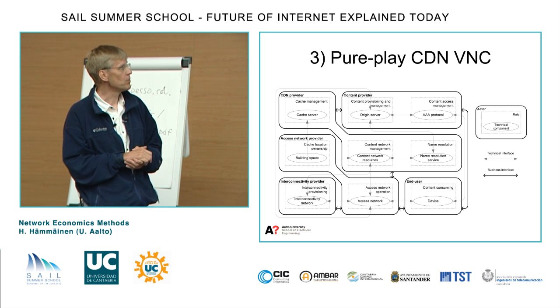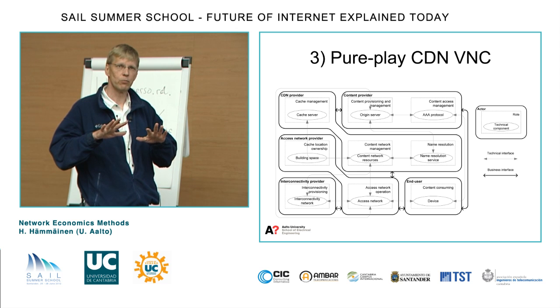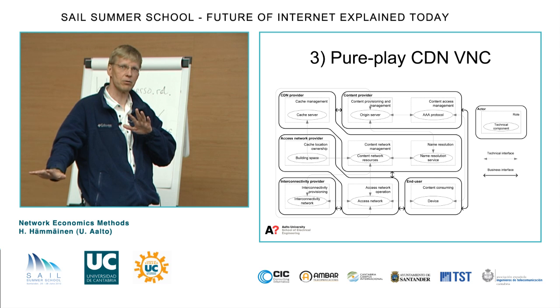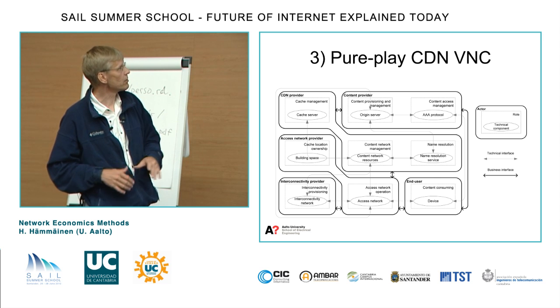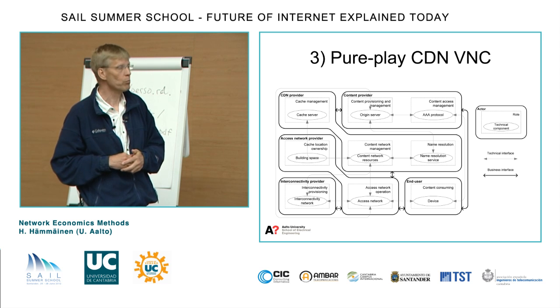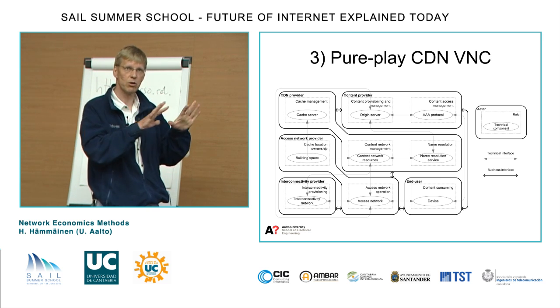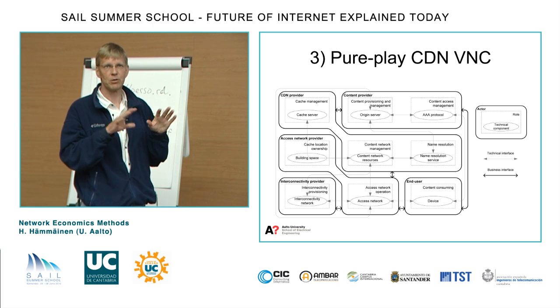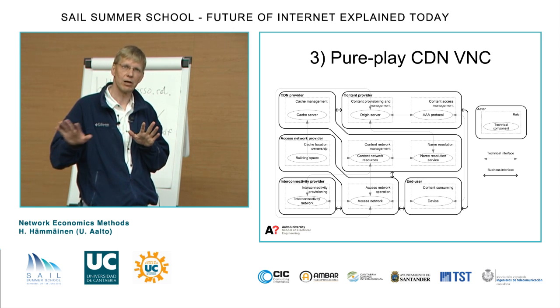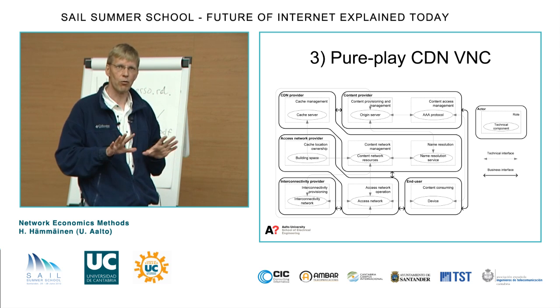For instance, you typically focus on the first tier value network roles. You're not interested in the subcontractors. Like in these cases, there are handset vendors and network equipment vendors that are important for operators, but they are not relevant in this picture. We are talking about the services aspect here. But also in services, there are all kinds of subcontractor type of things that are not relevant for the actual key power play.